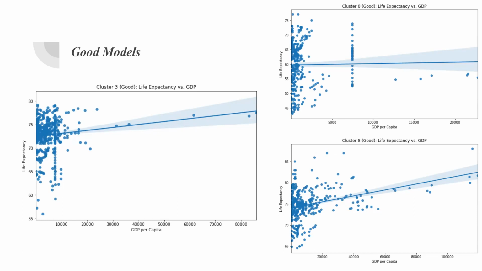Life expectancy is the one variable we've been looking at in relation to all the socioeconomic and disease factors predicting, and also life expectancy versus GDP, and life expectancy versus GDP per capita.